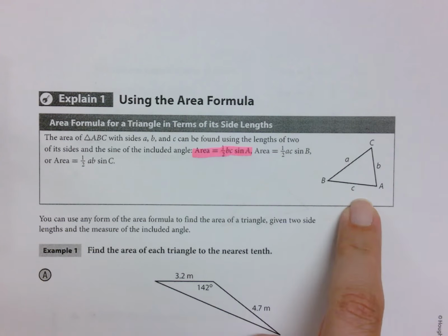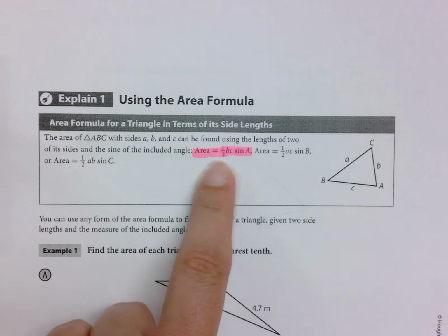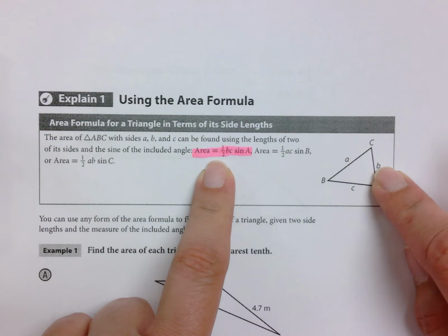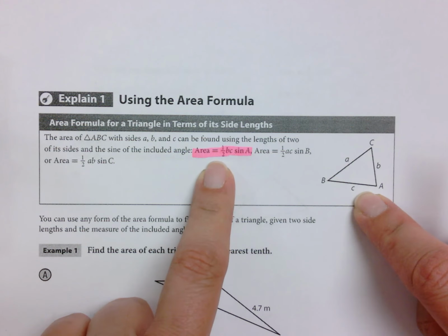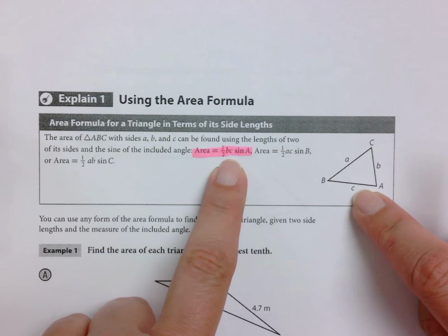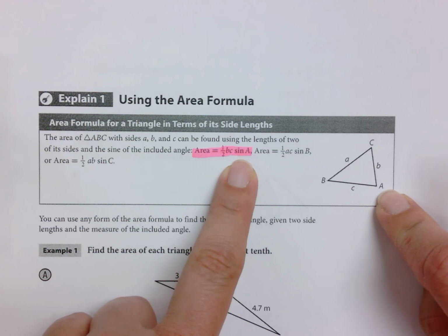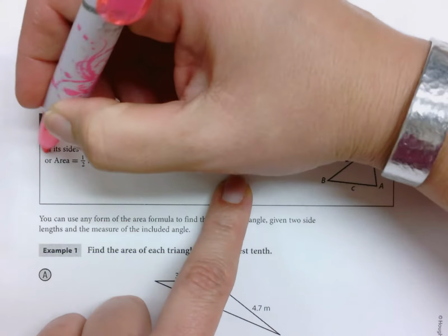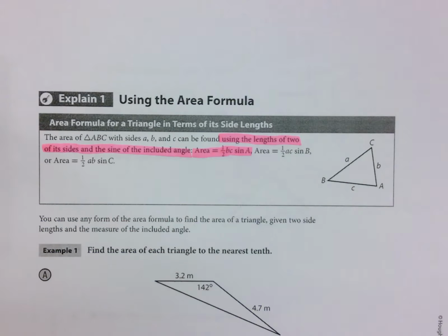For this particular triangle, if you knew the measure of angle A and the measures of side B and side C, you could take 1/2 of B times C times the sine of angle A. So you're going to use two lengths and the sine of the included angle.